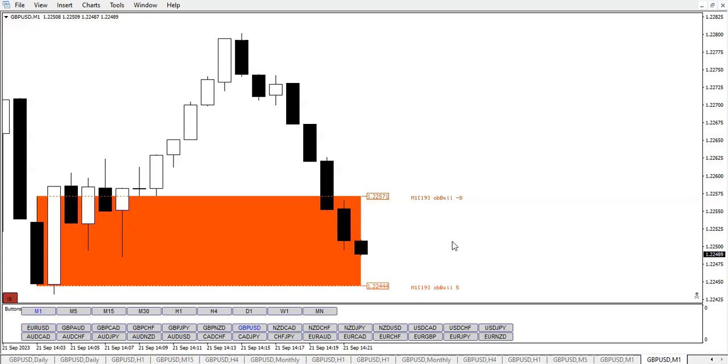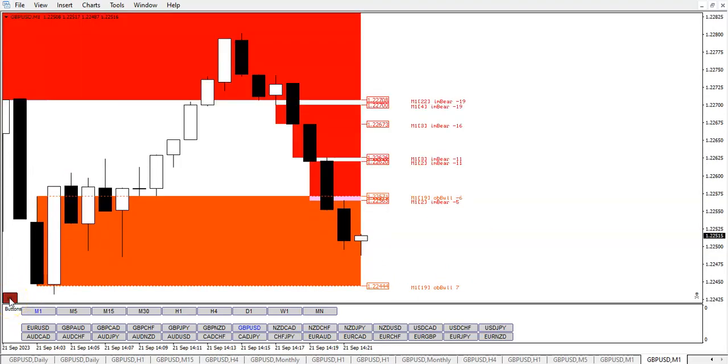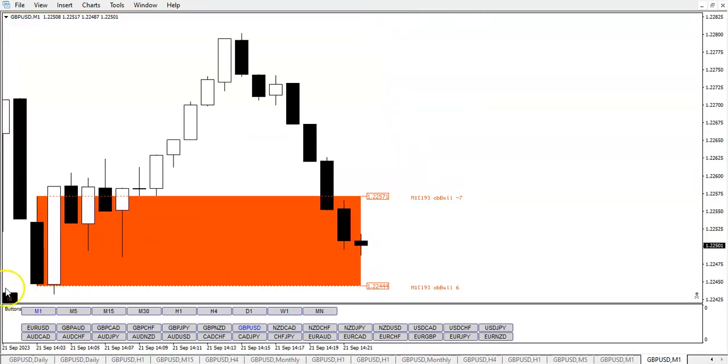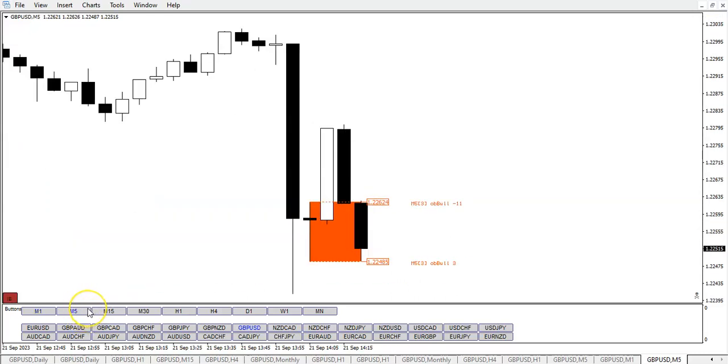And a lot of times the traders that do trade order blocks, they also do trade imbalances. So you can see we've got a bunch of imbalances here that need to be taken out and filled. Let's take a quick look here at M5. And price is going up already out of that launch pad.